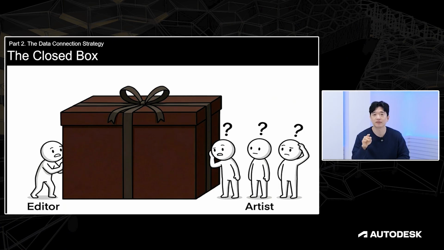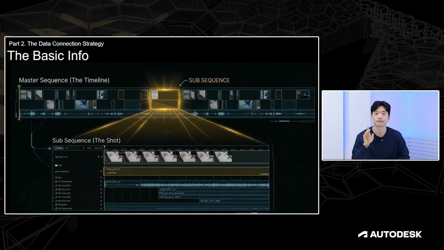Our pipeline felt like a chocolate box: unpredictable, disconnected. So the real question became, how do we open the box and manage what flows out of it? Before we go any further, let me quickly align on a couple of terms so the rest of this story makes sense.